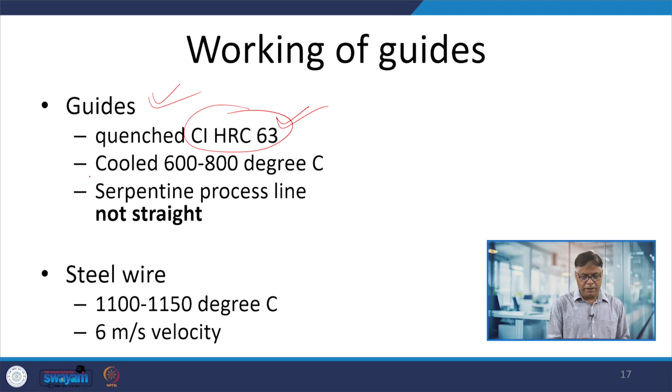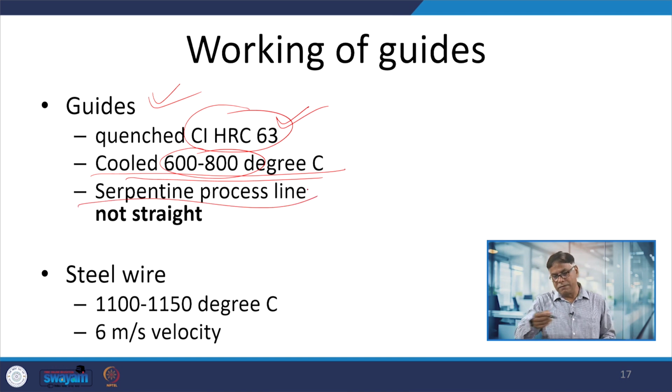Under the operating conditions, the guides were working at a temperature range of 600 to 800 degrees centigrade, and the process line was serpentine, so when the rolling bar was passing through the guides, there were high chances of impact.